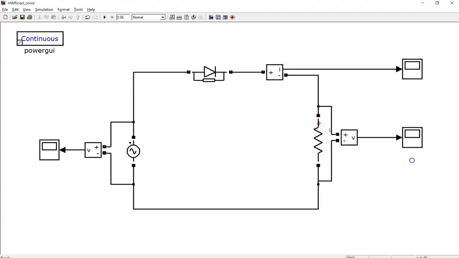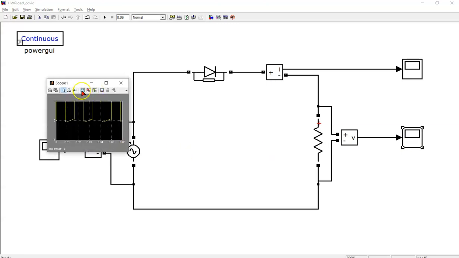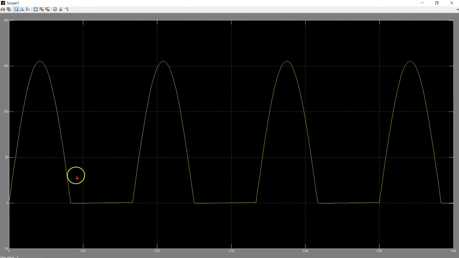Can we see the output voltage? Since this is the half-wave rectifier, our expectation for the output voltage is that we cut off the negative cycle. So ideally we perform the half-wave rectifier concept.